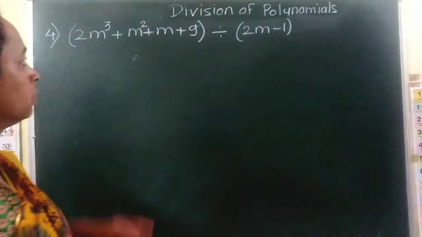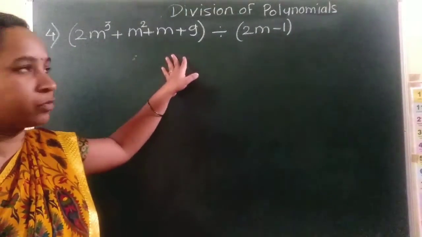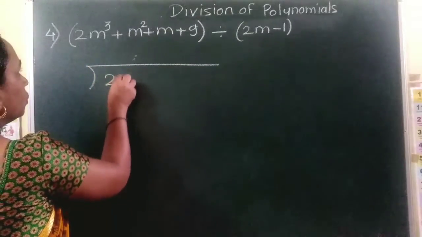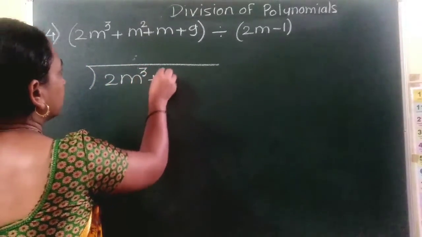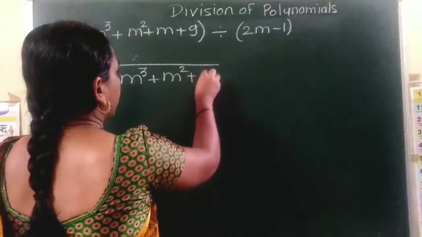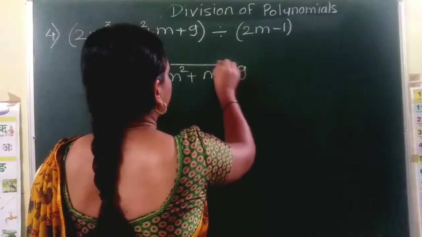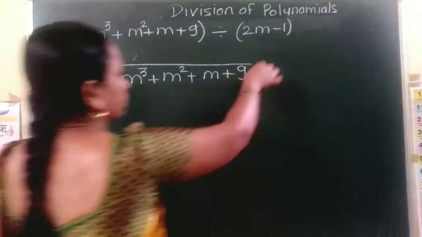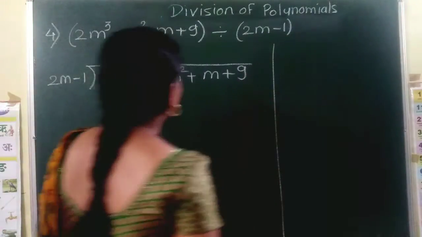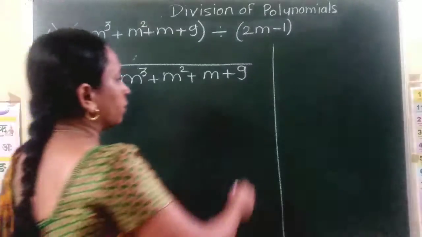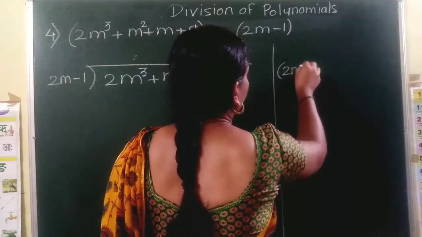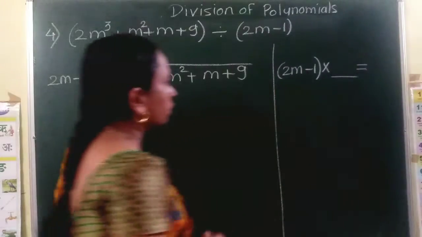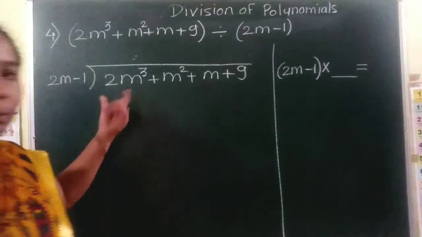Fourth example, it's in the index form, so we'll solve it. 2m cube plus n square plus m plus 9 divided by 2m minus 1. To get the first quotient, divisor 2m minus 1 multiplied by the term is equal to, we should get the 2m cube.